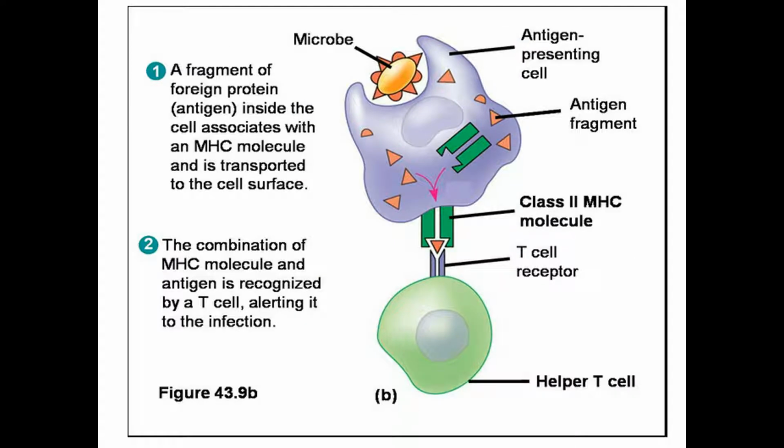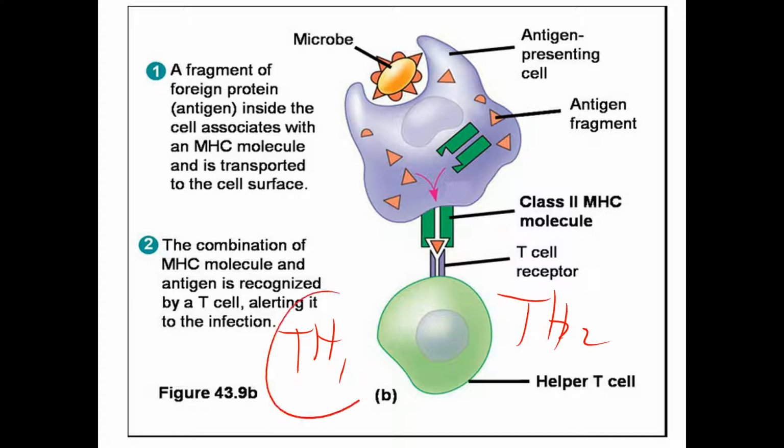Here we have our little helper T cell that is being stimulated by an antigen presenting cell. So our class 2 MHC molecule is being displayed, and on this surface marker you have your antigen that's triggering your helper T cell to either differentiate into a Th1 or a Th2 T helper cell.